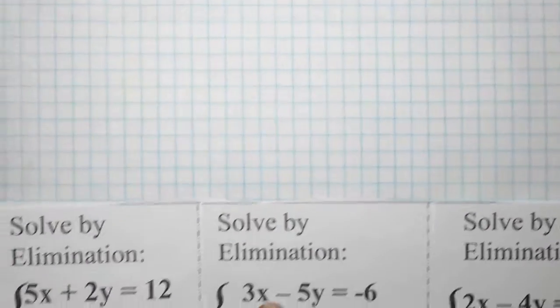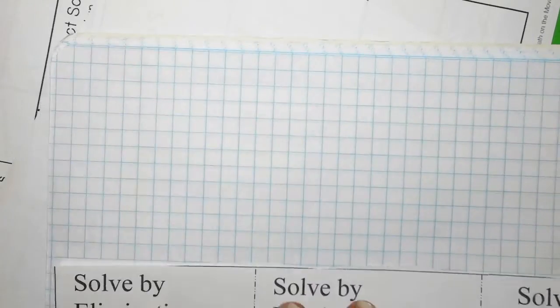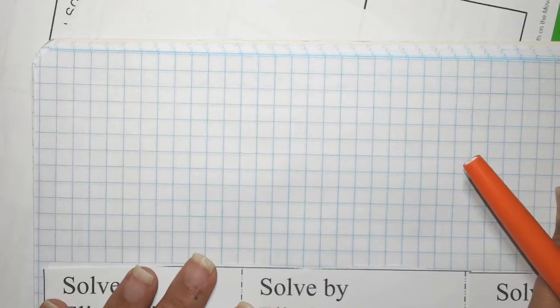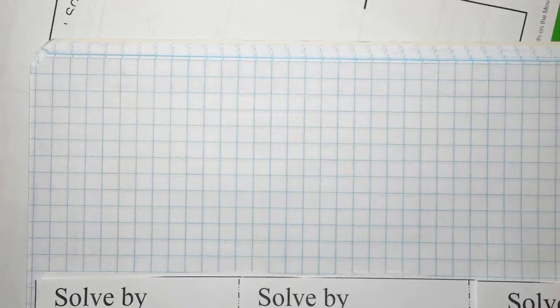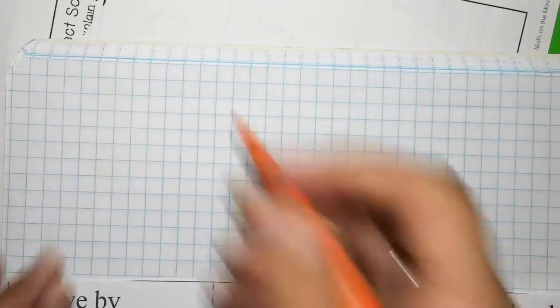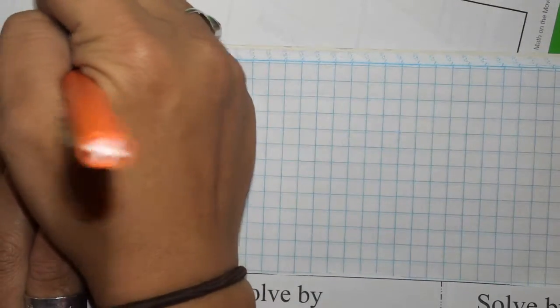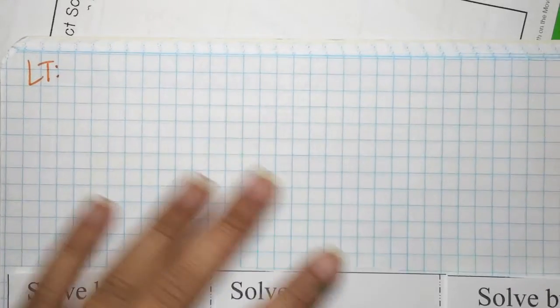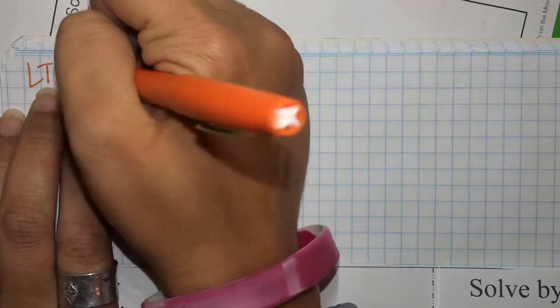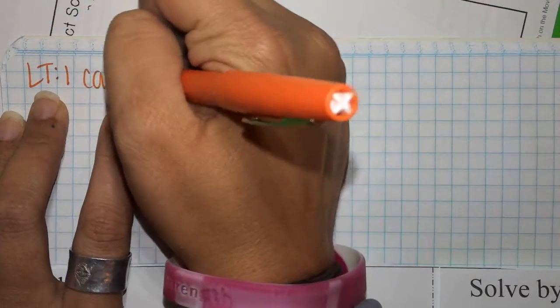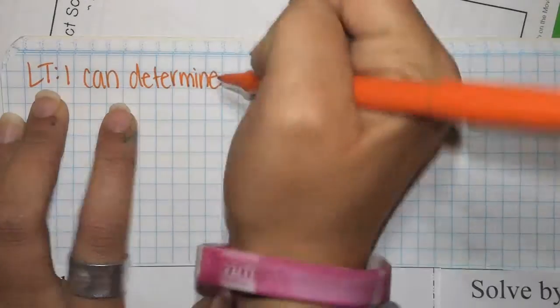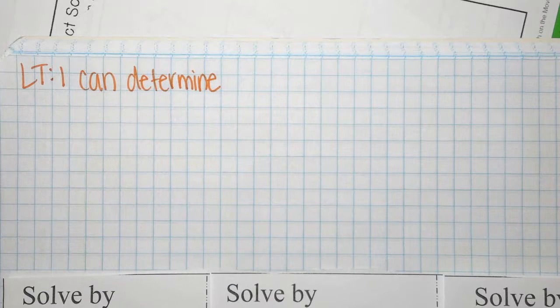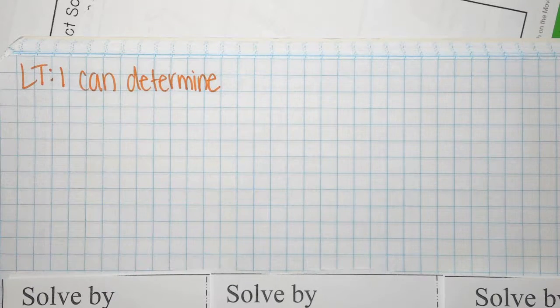We're on 5A now. Now, the first thing we're going to do is we're going to write our learning target at the top, at the very edge of the paper. Today's learning target says, I can determine the solution to a system of equations using elimination. Everybody have a chance to write. Let's go, guys. We need to be writing. This is 5A.